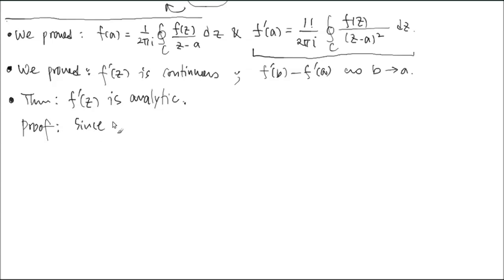Since f prime is continuous, the integral of all sorts of things is defined, f prime of z, of whatever path we consider, it exists. Do you know what theorem this one is? Some function here, I didn't differentiate anything.